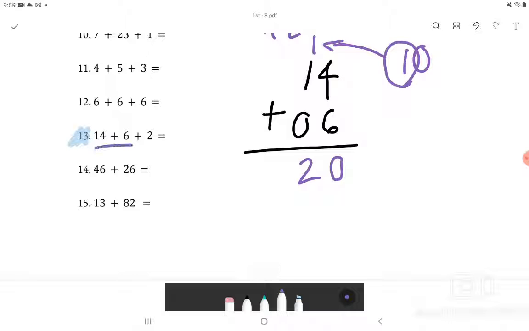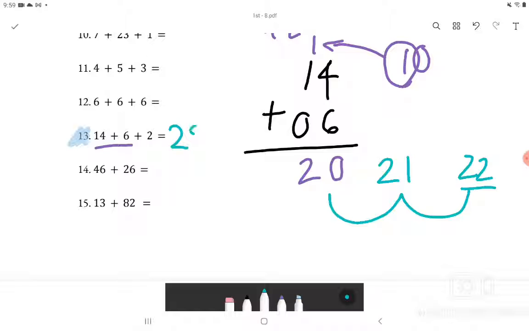So for 14 plus 6, we have 20, and from 20, we'll have to add 2. So when you add 1, 2 steps, we get 21, 22. So for the answer, you'll get 22.